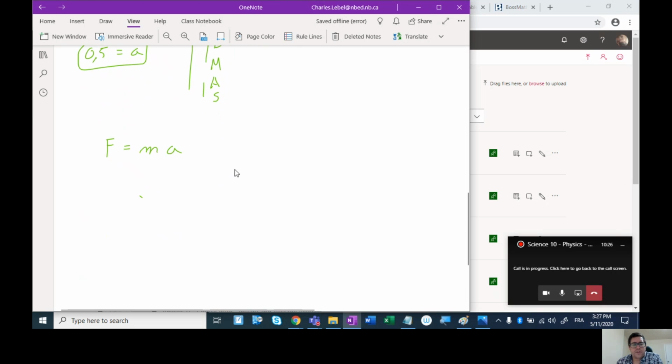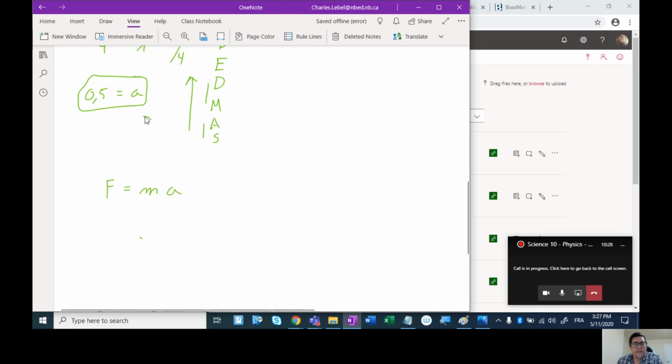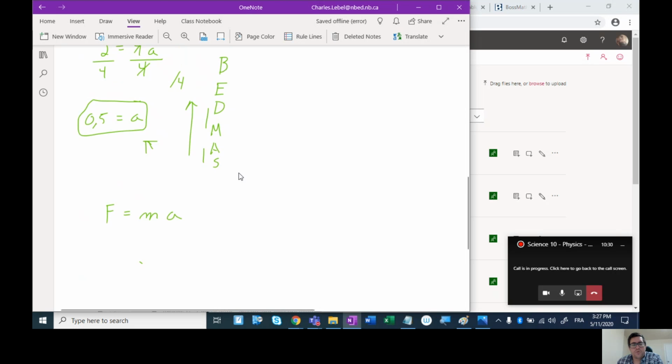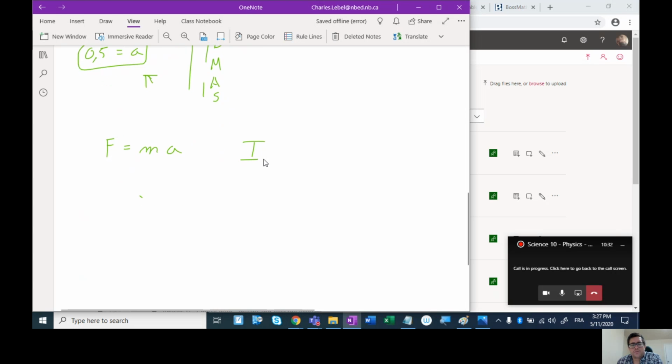So let's say now that, okay, I'd like to find A. I'm going to isolate A. So we're gonna do the same thing we just did, but this time using letters.